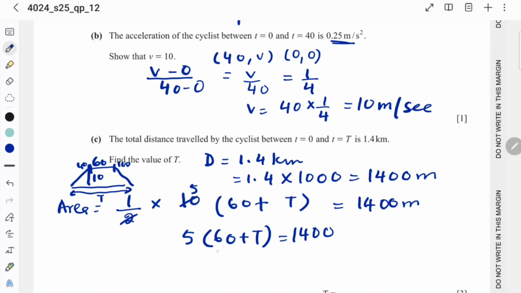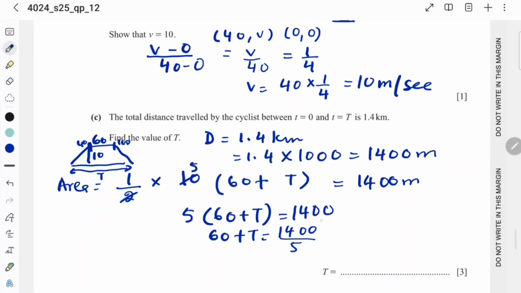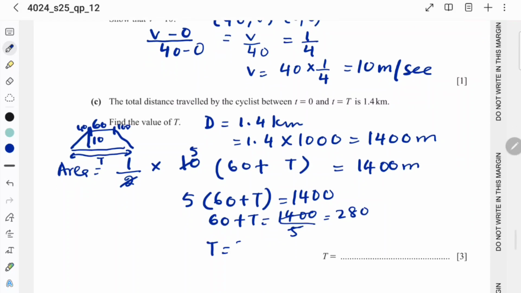Now 60 plus t is equal to 1400 divided by 5, which is 280. t is equal to 280 minus 60, which is equal to 220. So that is 220 seconds, the time taken for the whole.